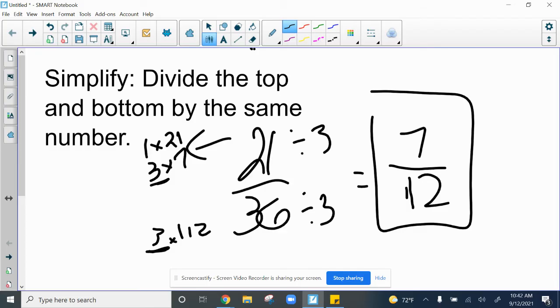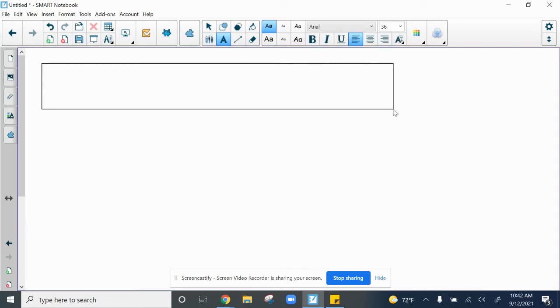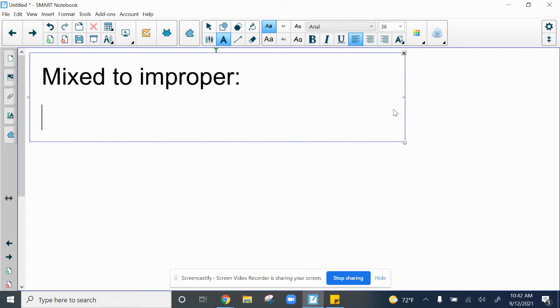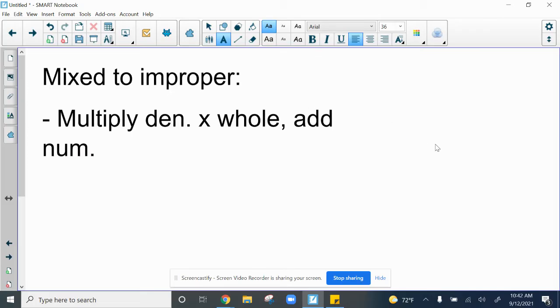All right, now that we have talked about simplifying, let's talk about mixed to improper. Or sorry, we're going to do mixed numbers to improper. And as you guys know, we multiply denominator times the whole and add the numerator. So let's see what that looks like.